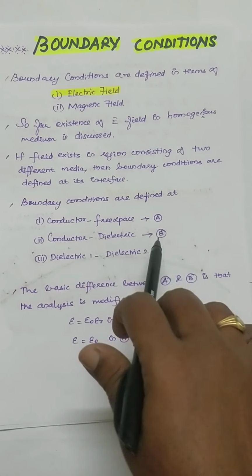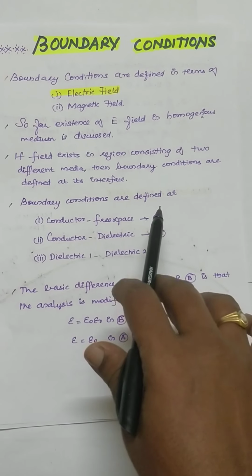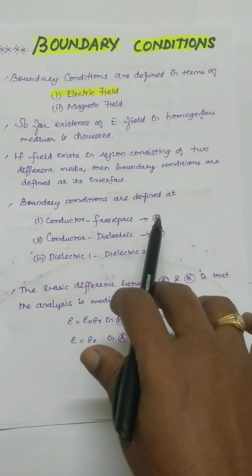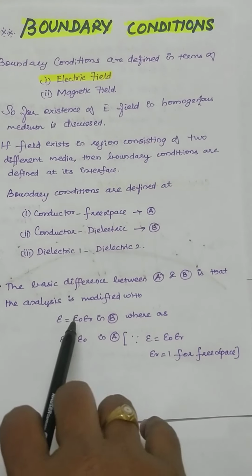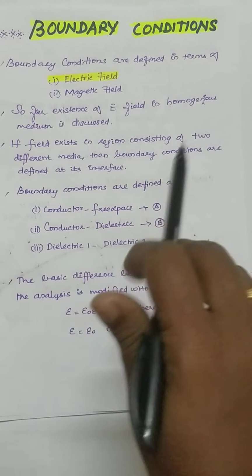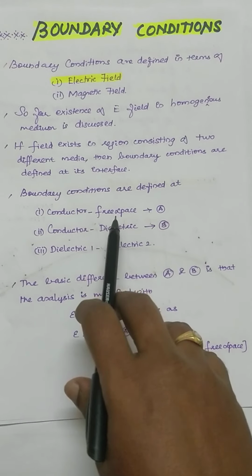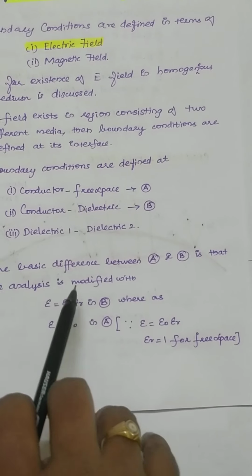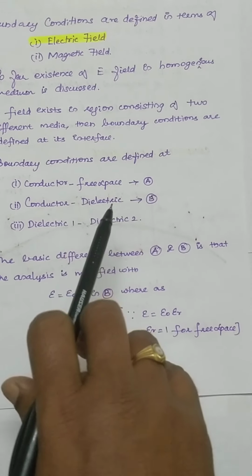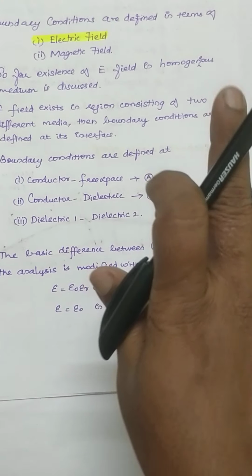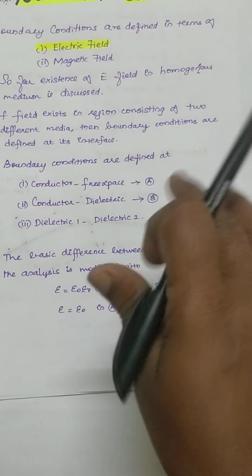But what is the basic difference between these two cases A and B? I mean the two conditions. The two conditions are one and the same with a simple difference. For free space we will substitute epsilon r equal to 1. But for dielectric we will have epsilon naught epsilon r. That is a simple difference.